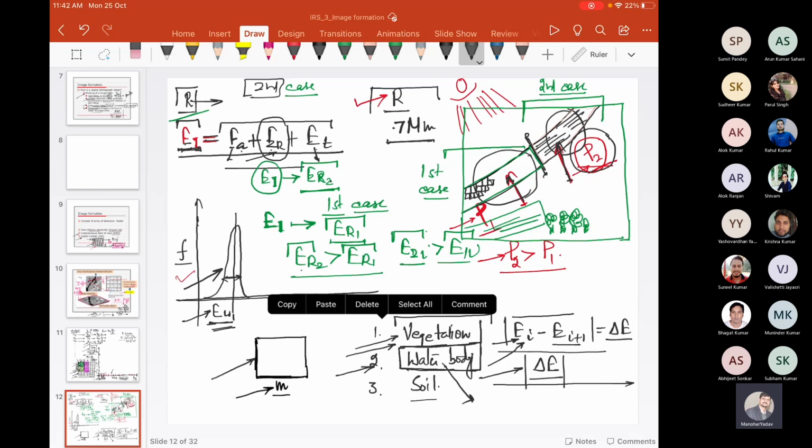Or let me draw a schematic over here mentioning the nomenclature.